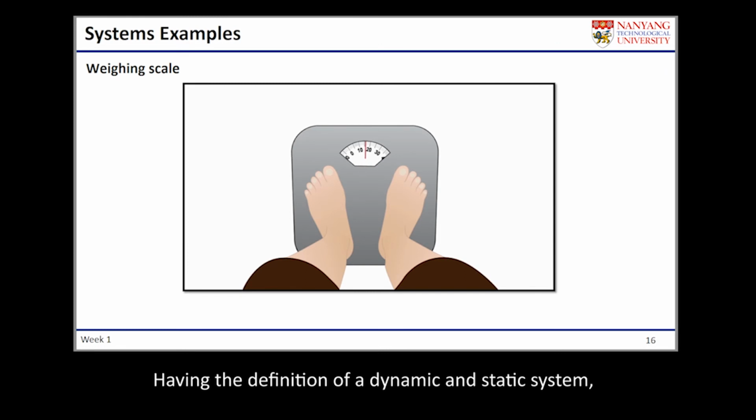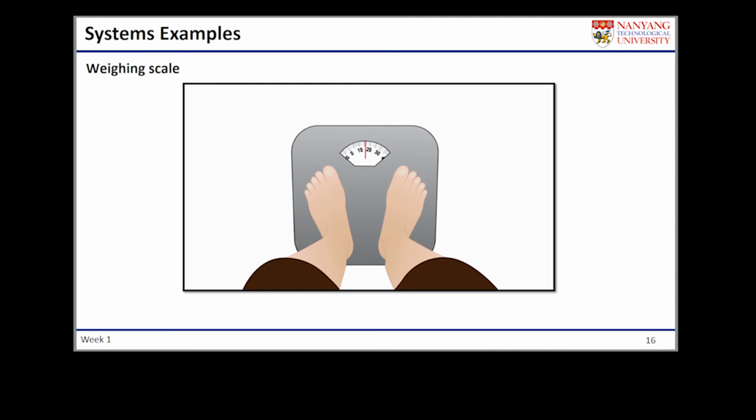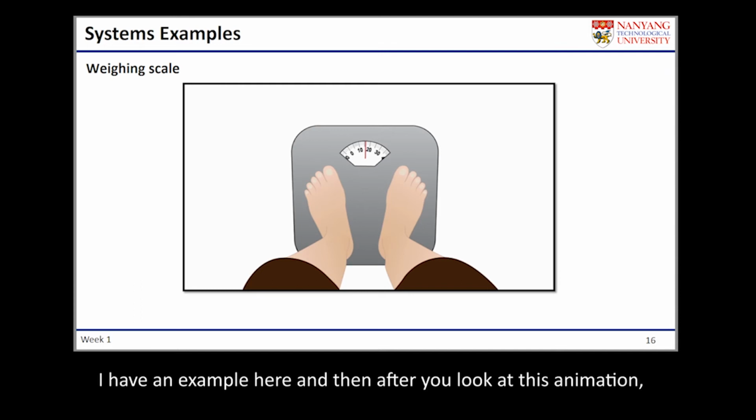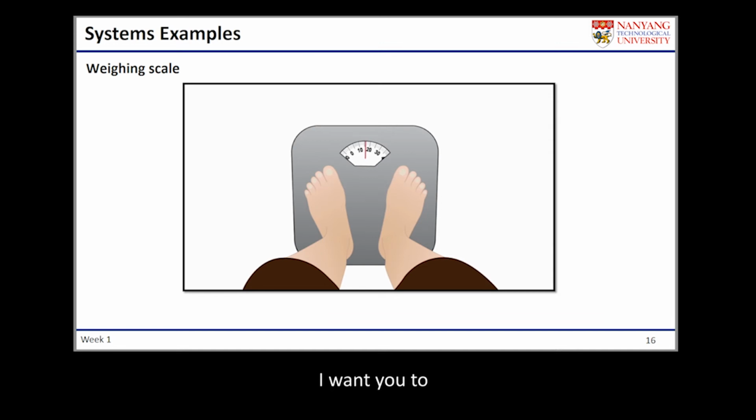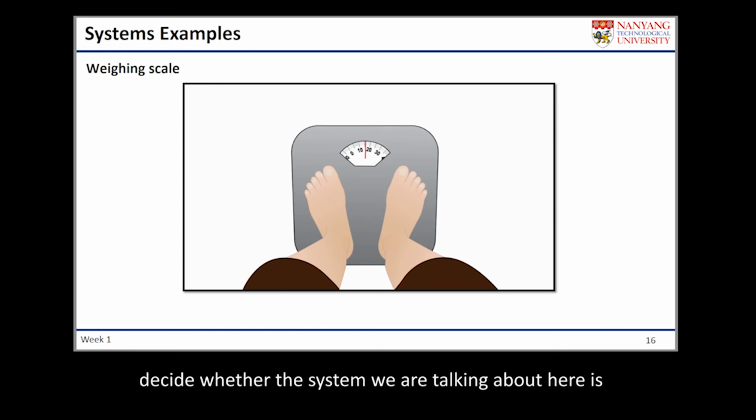Having the definition of the dynamic and static system, I have an example here, and after you look at this animation, I want you to decide whether the system that we are talking about here is a static or a dynamic system. The system that I am talking about is a weighing scale.